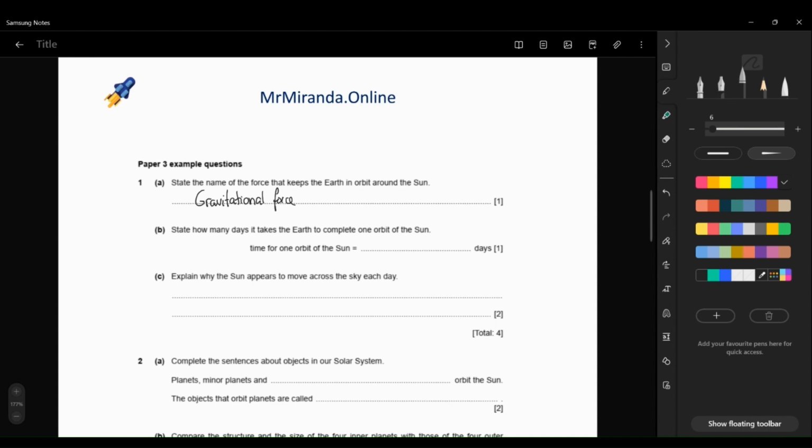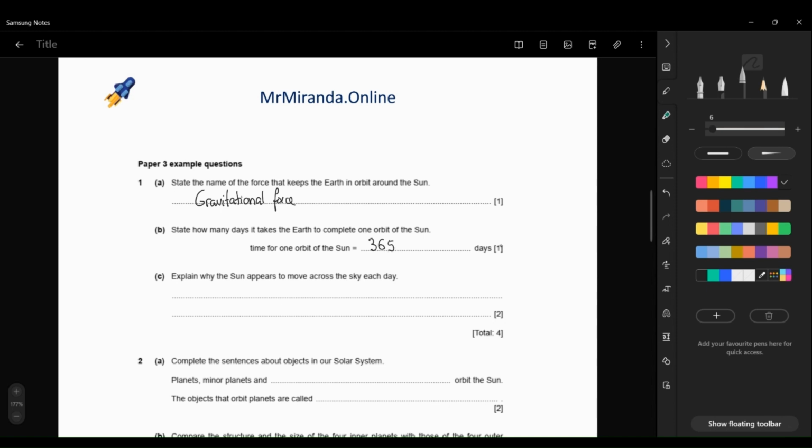B. State how many days it takes the Earth to complete one orbit of the Sun. The time it takes for the Earth to go around the Sun is 1 year. How many days do you have in 1 year? You have 365.